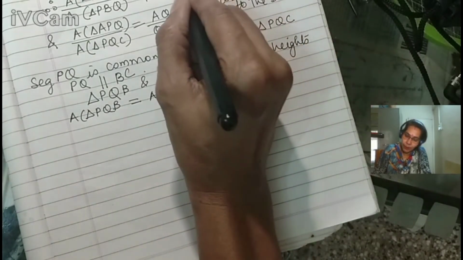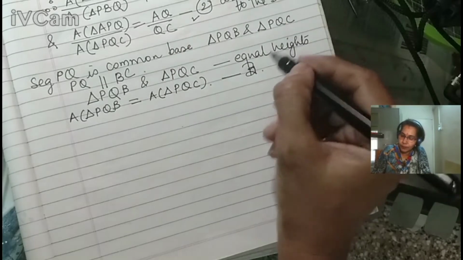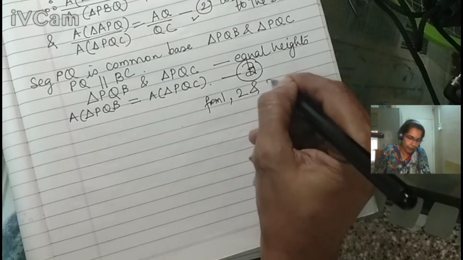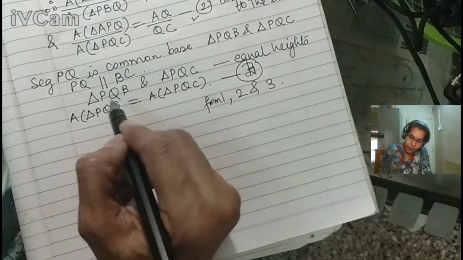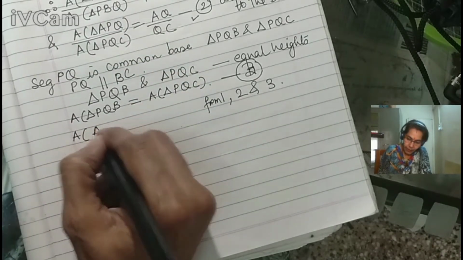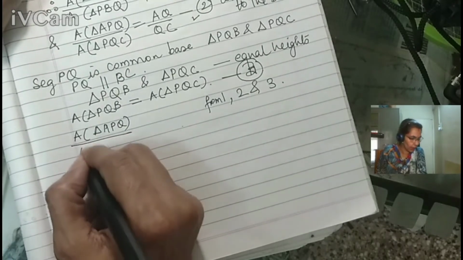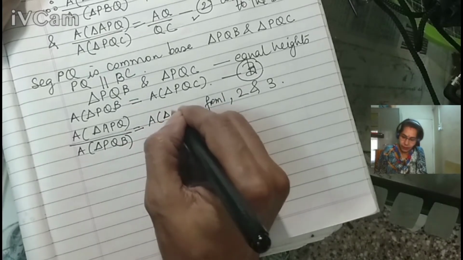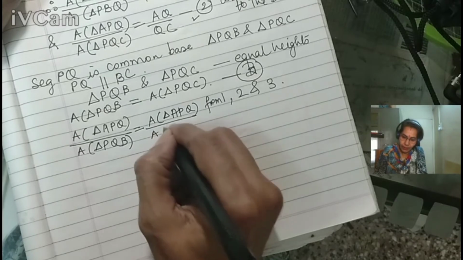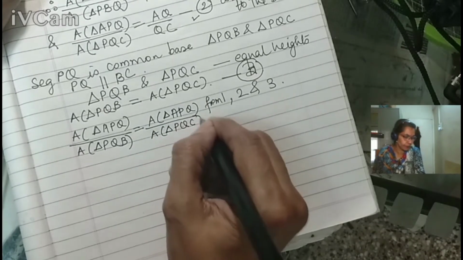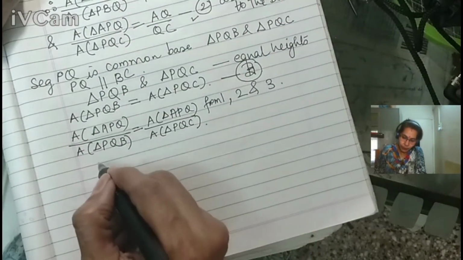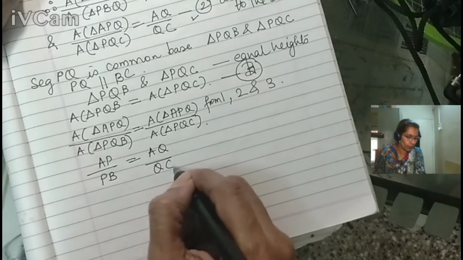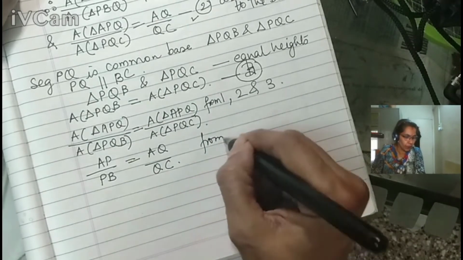If I consider statement number 1, statement number 2 and statement number 3, from these statements I have area of triangle APQ upon area of triangle PQB is equal to area of triangle APQ upon area of triangle PQC, which is equal to AP upon PB is equal to AQ upon QC from 1 and 2.